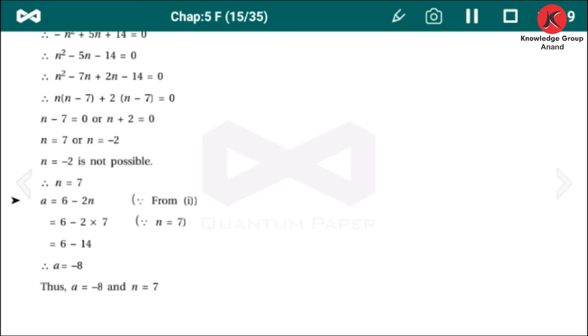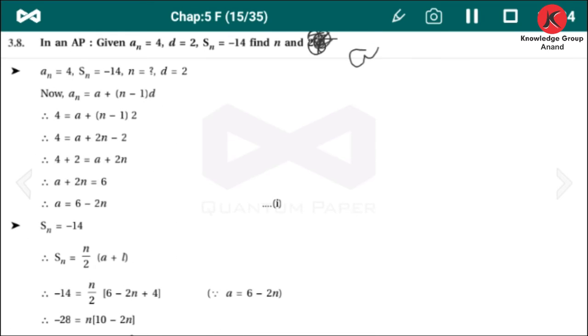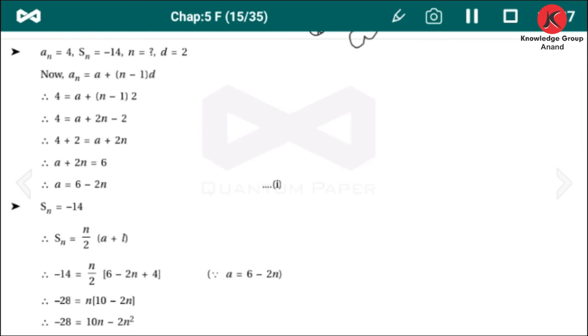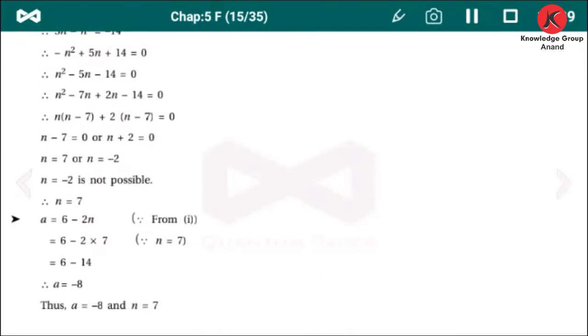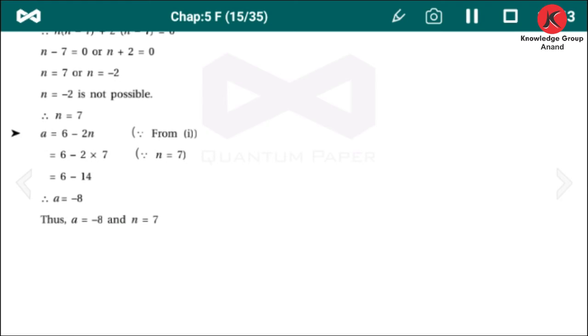Now a is equal to 6 minus 2n, because it is our formula. Putting the value n equals 7 in a equals 6 minus 2n, we get 6 minus 14, a is equal to minus 8 and n is equal to 7.